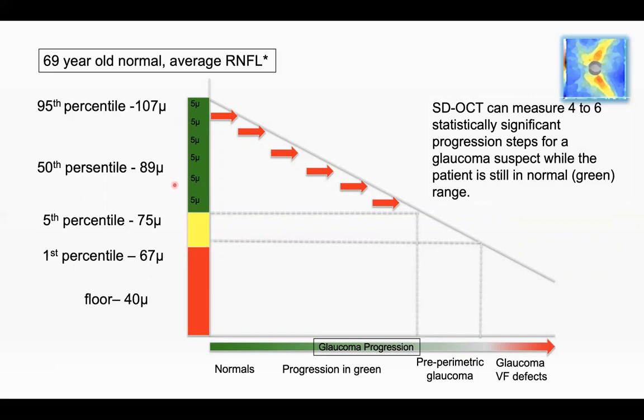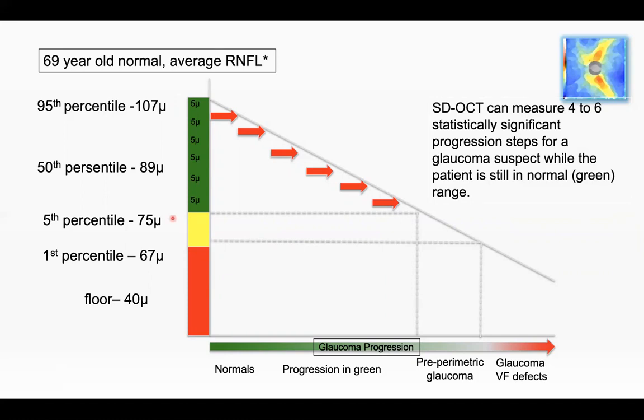The OCT thinks, in the normative database comparison, she is still normal even if she lost this amount of RNFL. We call this progression in green. Average RNFL thickness does not become yellow until the 5th percentile, where we start to classify the patient as preperimetric glaucoma.